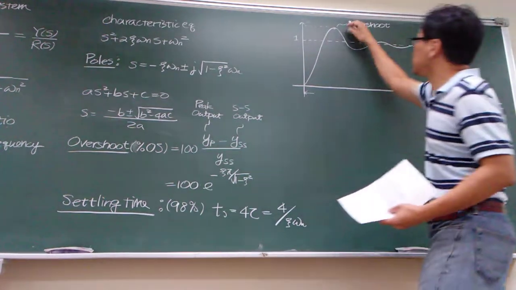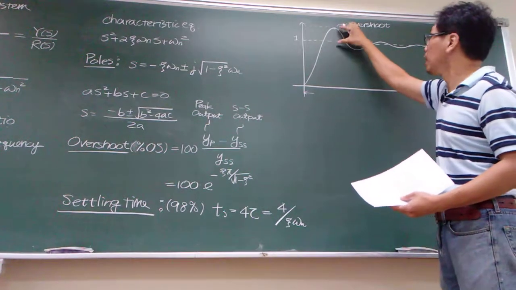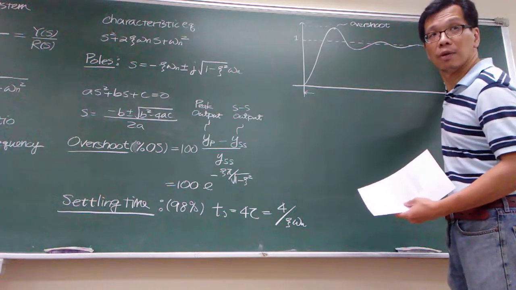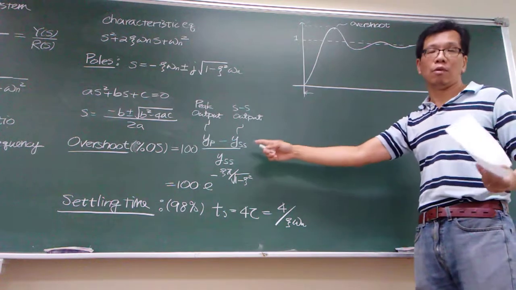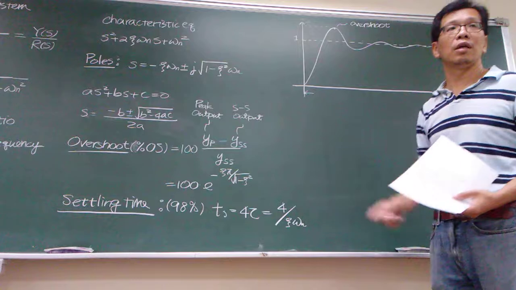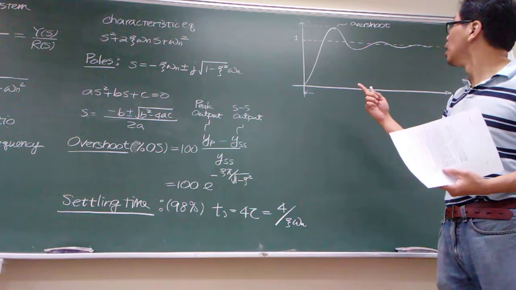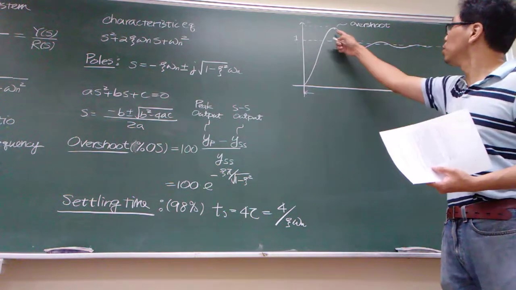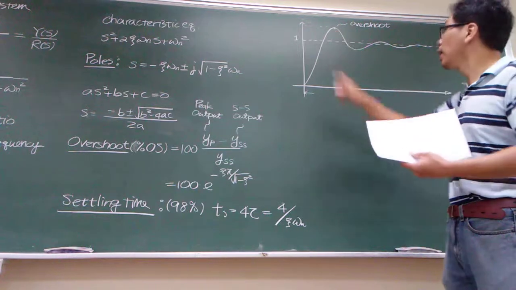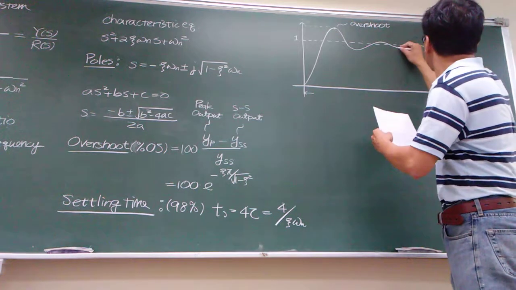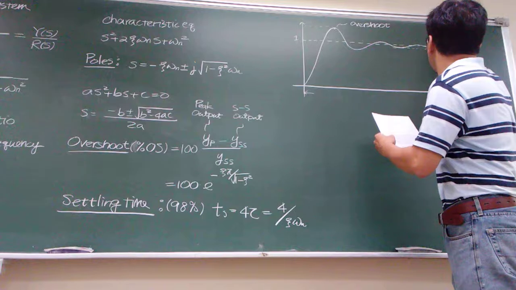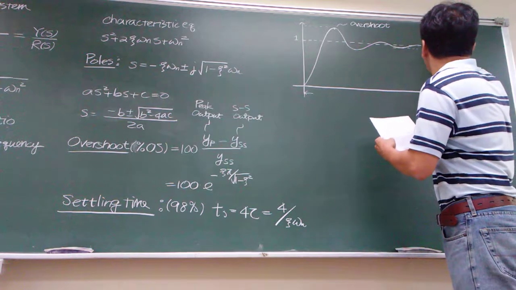So we need to know my peak value minus the steady state output, divided by 1. So this is going to be my overshoot. Okay, and let's say if this one over here is 2%.